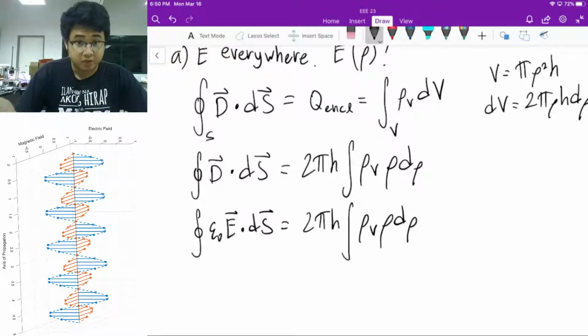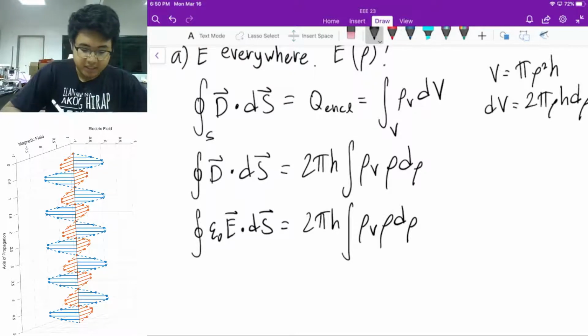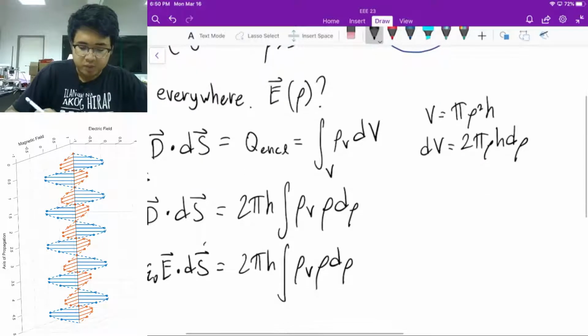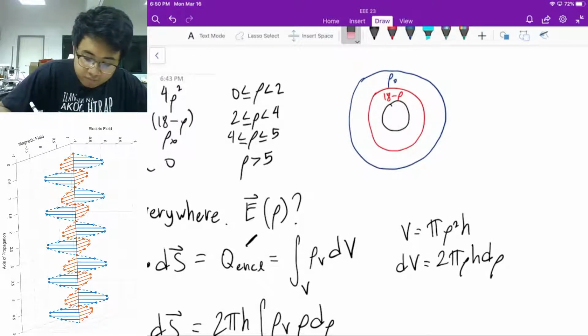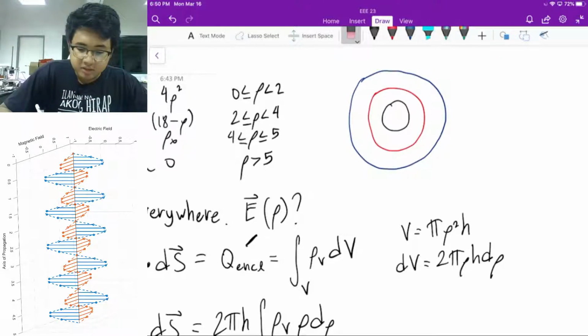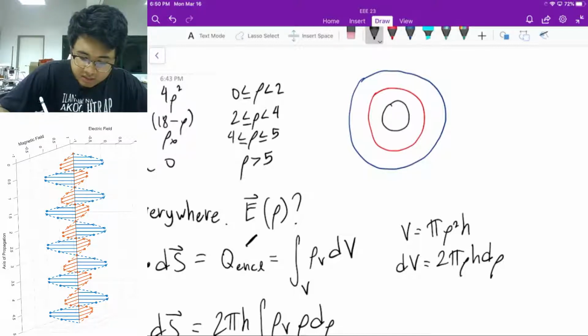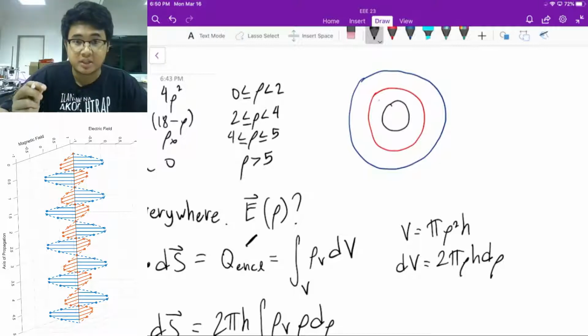Just another note, the surface defined by dS here is related to the cylindrical volume that we use to enclose the charges. A cylindrical volume of an arbitrary radius could be enclosing the charges like this, the dashed line that you see there.